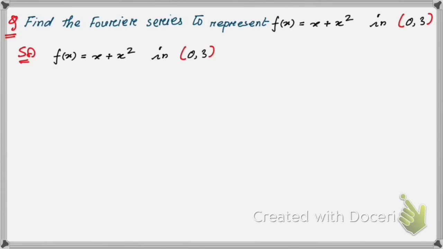Here we're going to compare this interval with 0 to twice L. Then what we get is twice L is equal to 3, and hence L becomes 3 by 2.